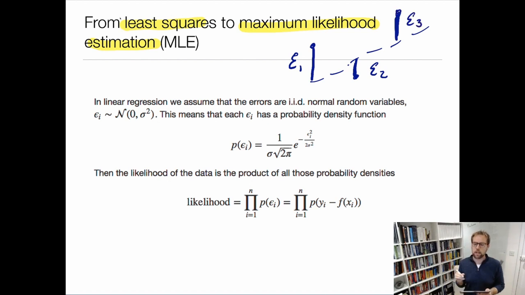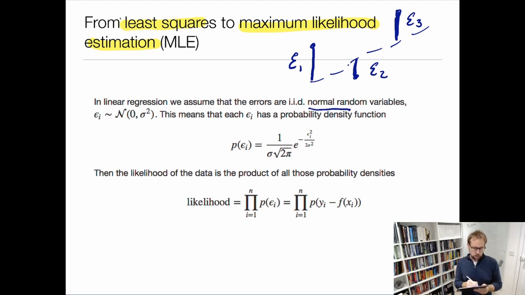Now I'm assuming that those errors are independent and identically distributed, so they all come from the same distribution, and that they are normal or Gaussian random variables. So these are my assumptions.